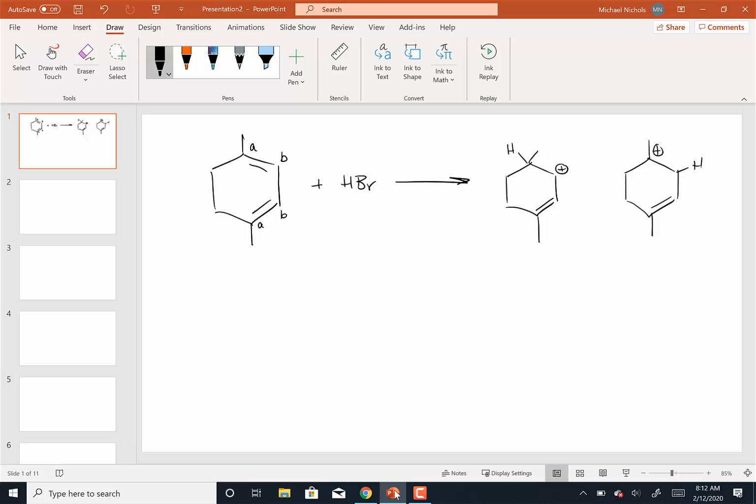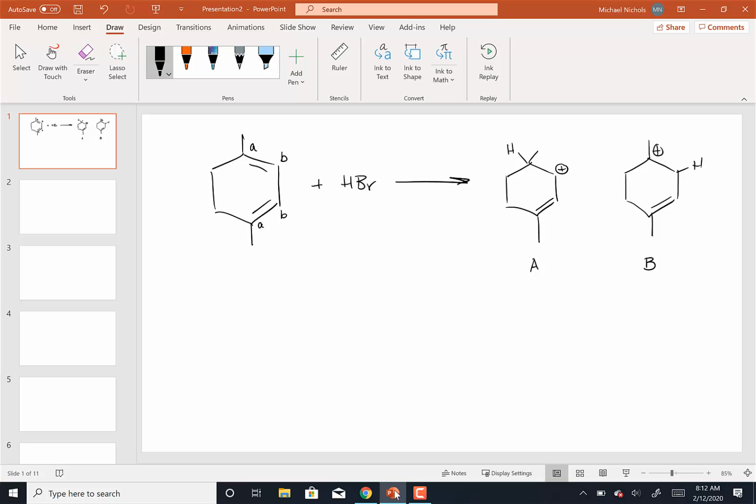So these are my two possibilities, and you could do it to the bottom one as well, and you would end up with the plus charge where the methyl group is, or the plus charge where the CH2 is. Okay. So this would be H plus adding to A. This would be H plus adding to B. Can you make a case for A?